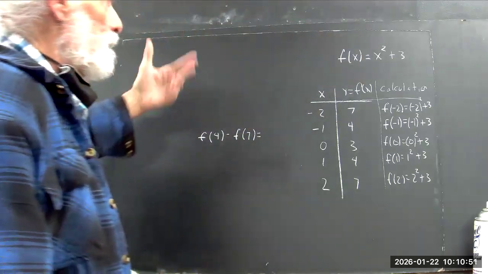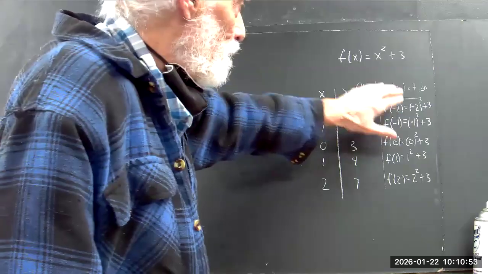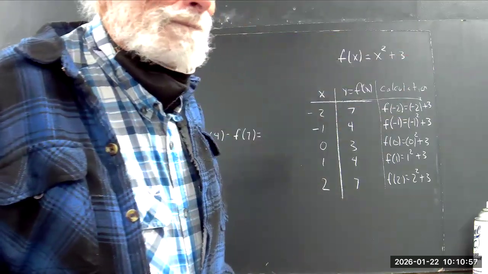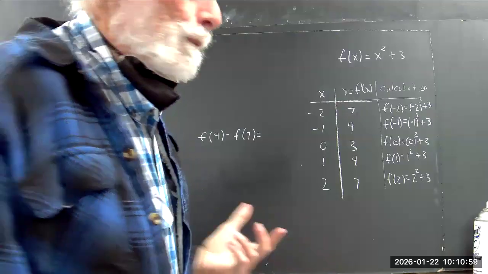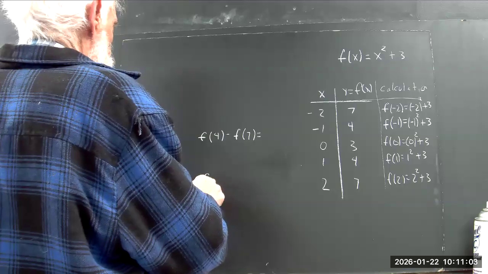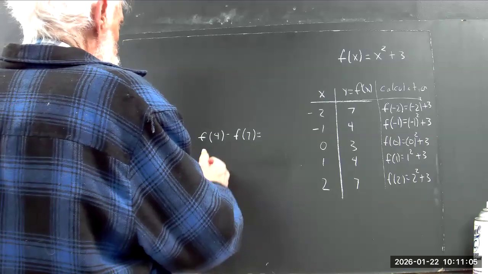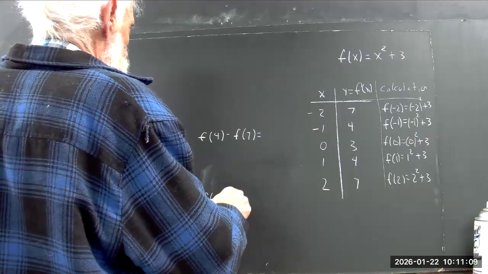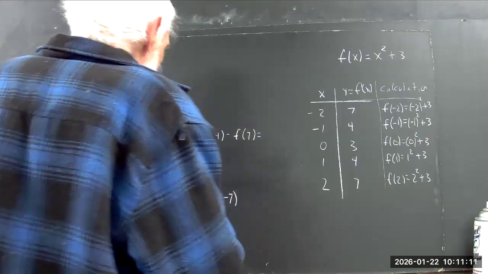You don't necessarily put the f of x equal, but you put the number into the formula, write out what you get. And then, what's f of 4 minus 7?